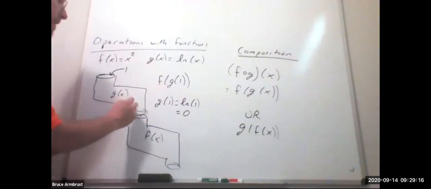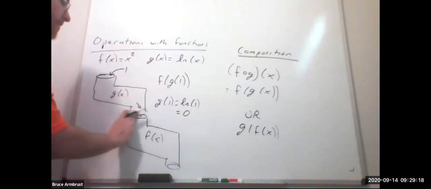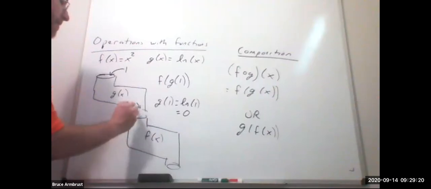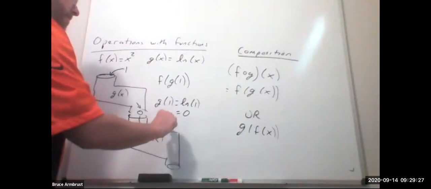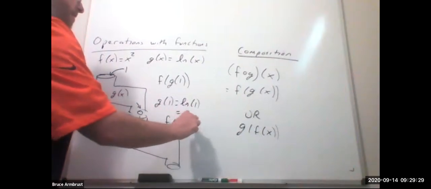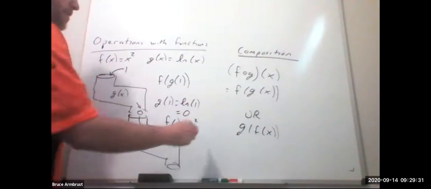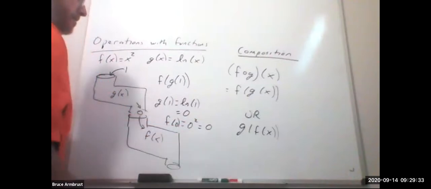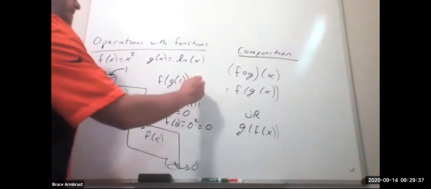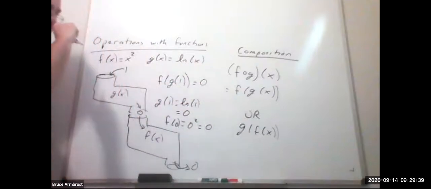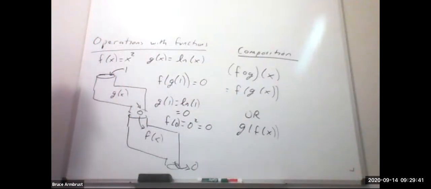Okay, so this 1 got turned into a 0. And now that 0 gets put into f. So we're going to do f of 0, which is 0 squared, which is 0. So in this case, f of g of 1 is actually equal to 0.